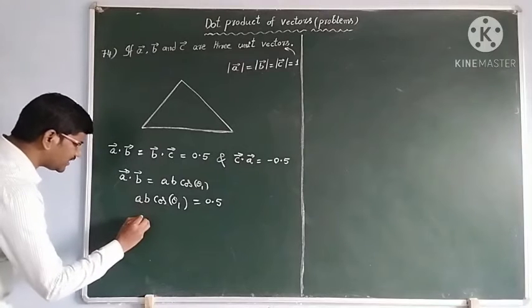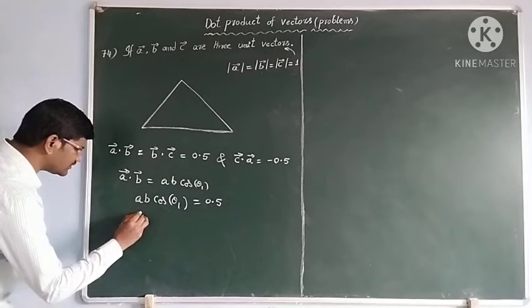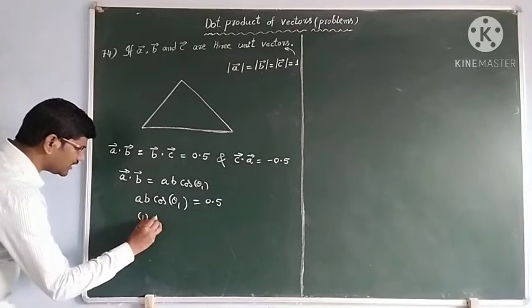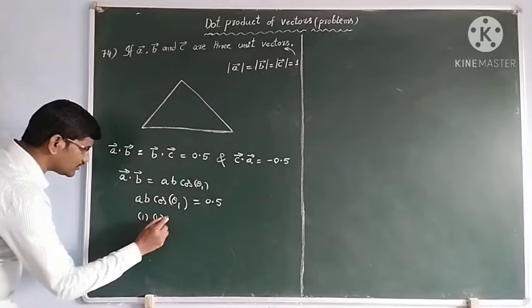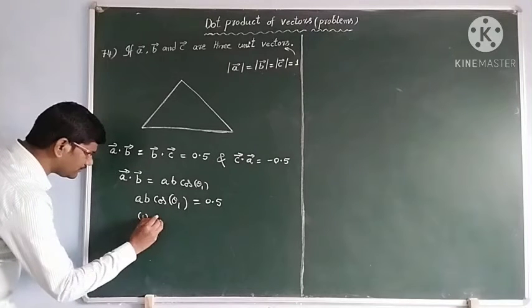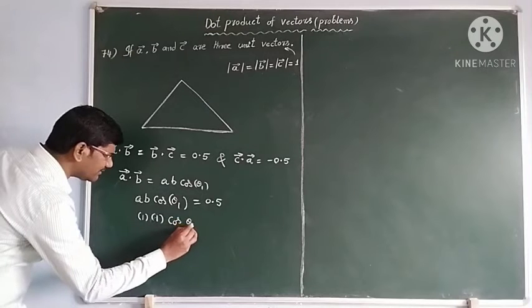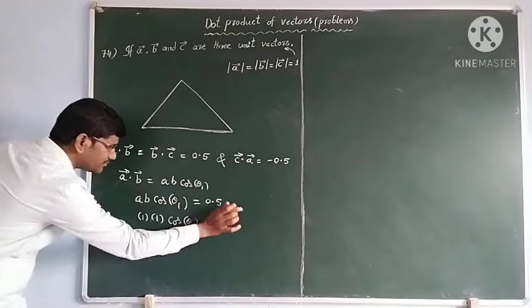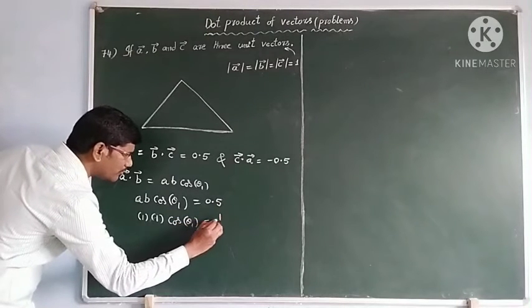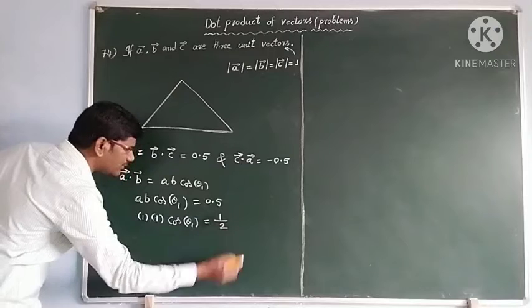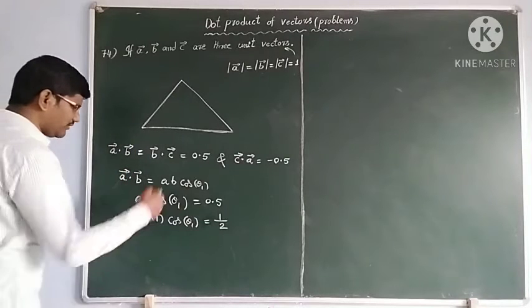Okay, so the magnitude of the first vector is 1, and the magnitude of the second vector is also 1, and cos of theta 1 is equal to 0.5, so 1 by 2.